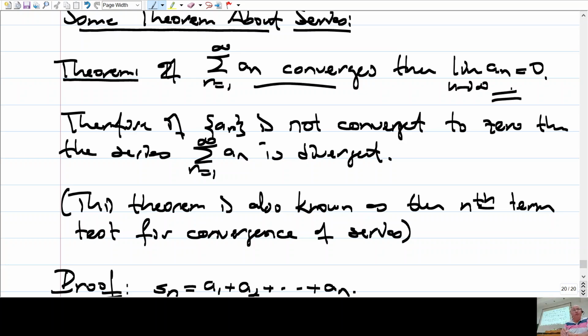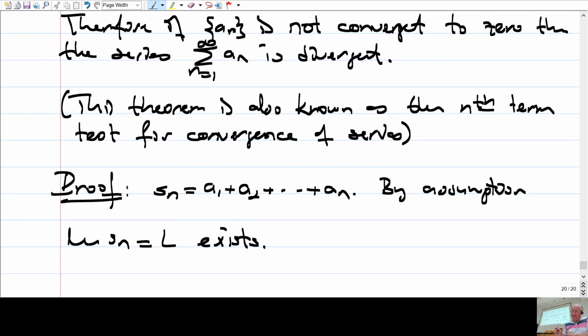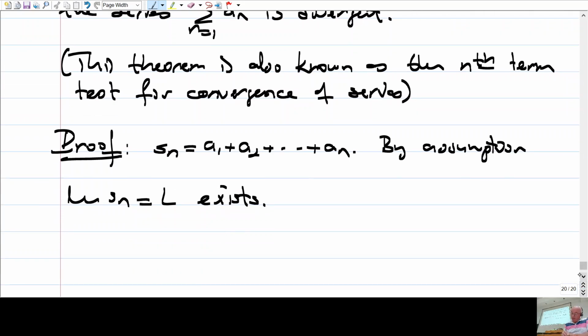Then we have to show that a_n is convergent to 0. Well, by assumption, limit S_n, let's say equals L, exists, right? This limit exists.